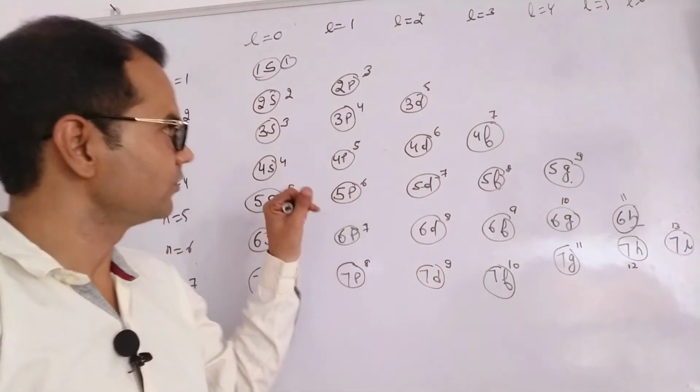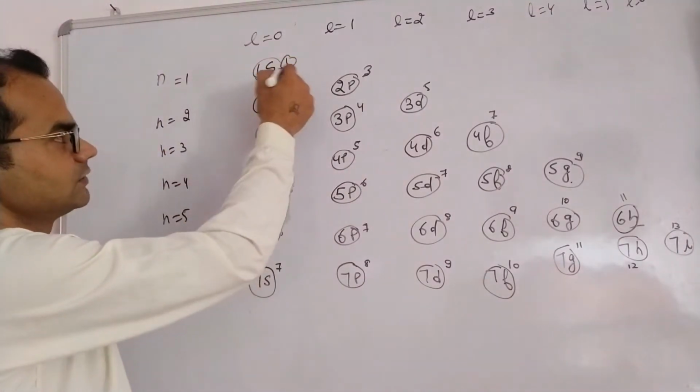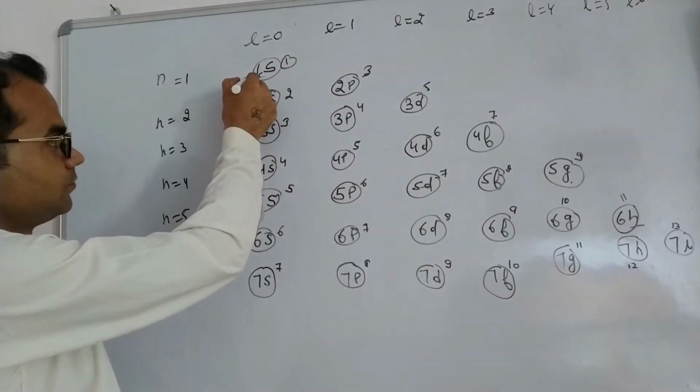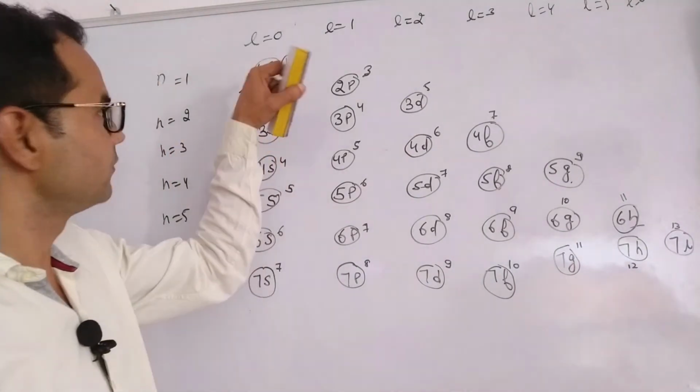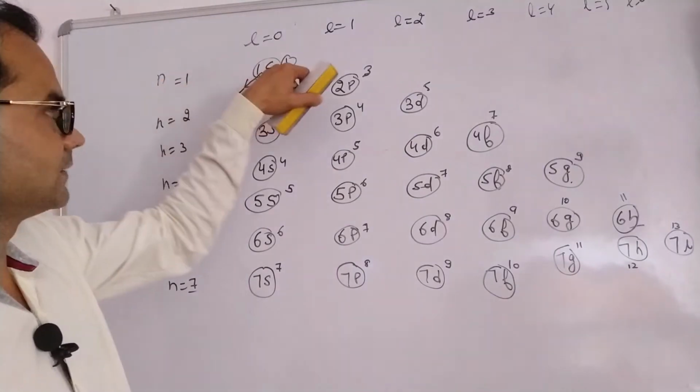So now what we have to do is find out the least value. The first least value is 1, so electron will enter the first shell, and S is the subshell.